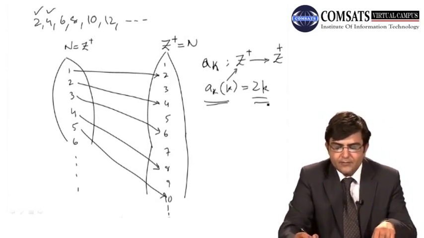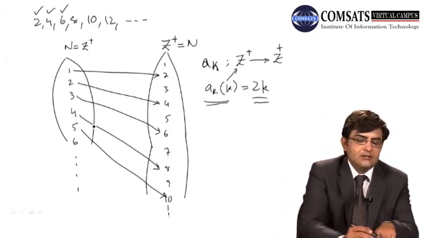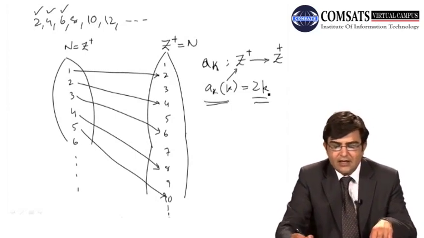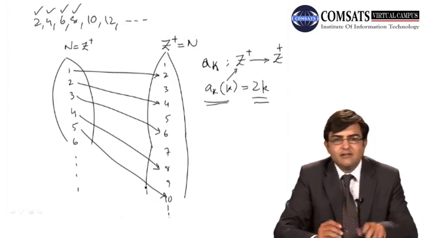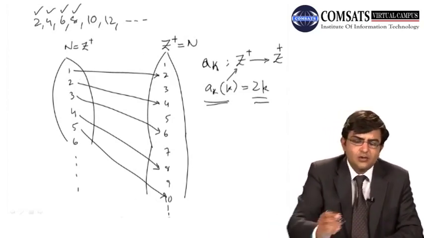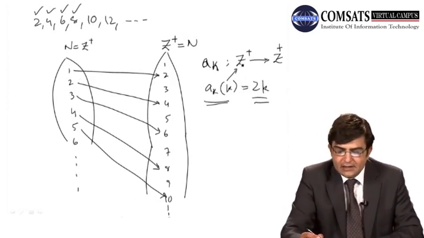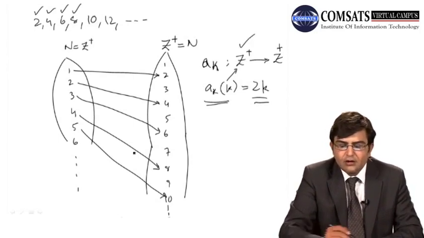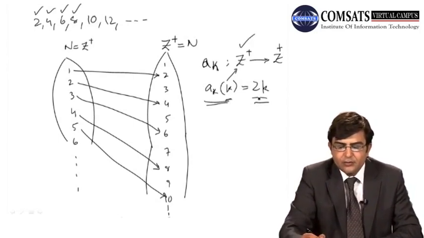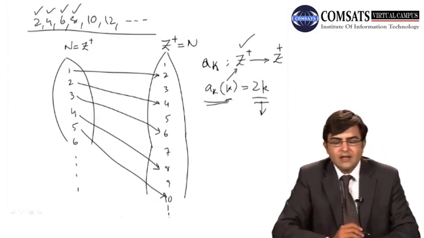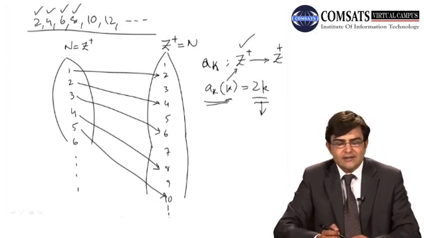If we put 3 here, we get 6, the third term. If we put 4, we get 2 fours are 8, the fourth term, and so on. So by inserting all the elements of this set here, we obtain all the terms of the sequence. So this is how we can say that a sequence is a function.